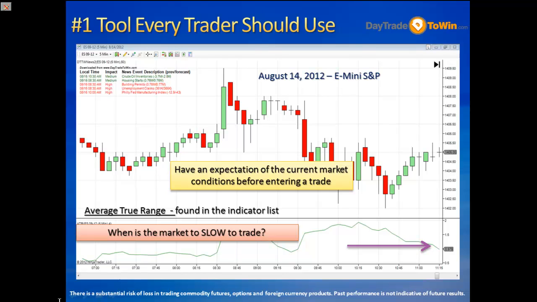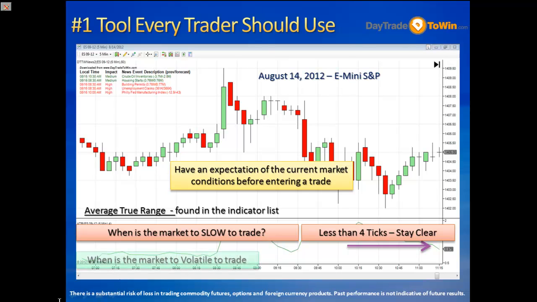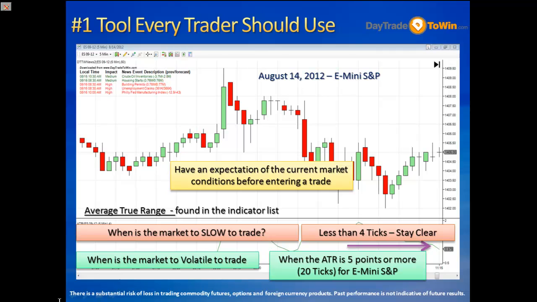So I want to know, when is the market too slow to trade? When it's less than 4 ticks on the ATR, we stay clear. Okay. When is the market too volatile to trade? Well, when the ATR is, and we're looking at the E-mini S&P, so it would be 5 or more, and that would be the equivalent of 20 ticks for the E-mini.